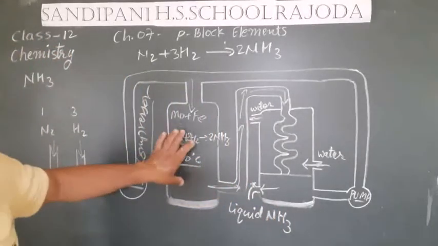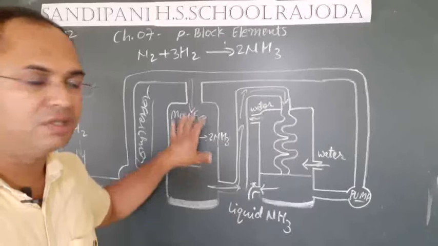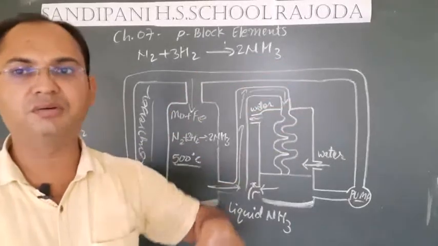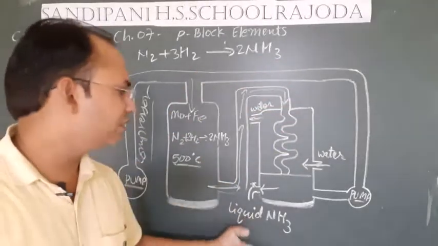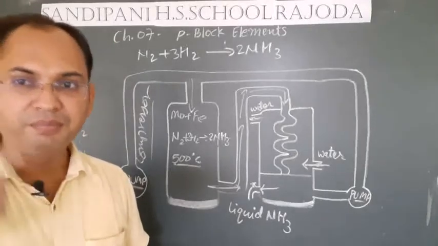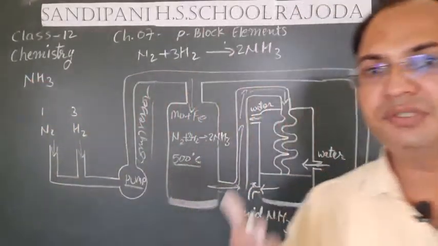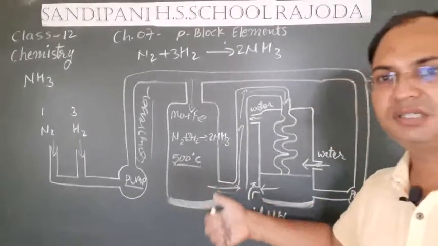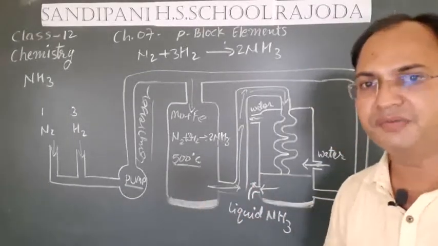Because at high temperature the ammonia remains in the gaseous form, but whenever its temperature cools down, it is converted into liquid. But the nitrogen and hydrogen, which were present in the form of gas, do not get converted into liquid.